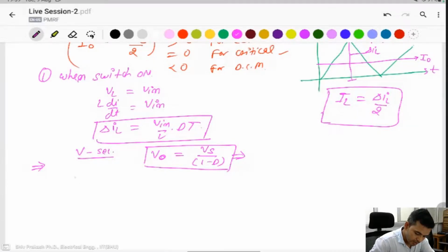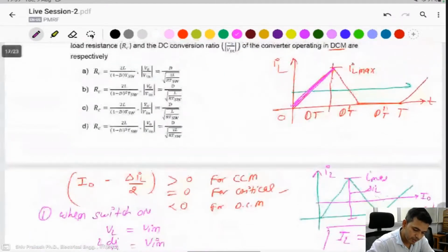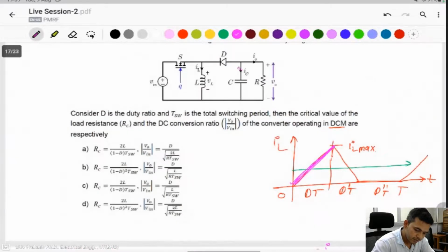But we will find the current second equation, means the inductor current here. Apply inductor current. In first condition, inductor current is equal to minus I naught here, and when the switch is off, then inductor current is IL minus I naught.